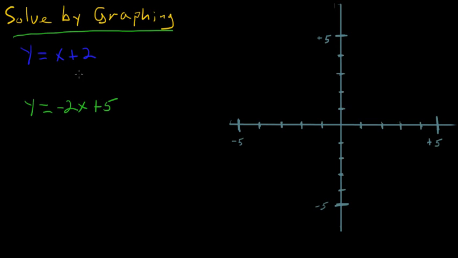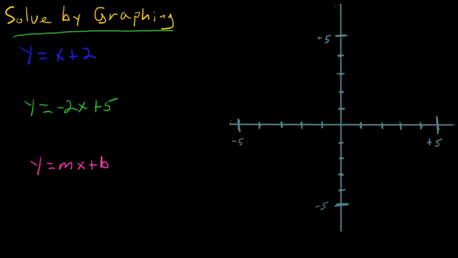So let's do the first one, y equals x plus 2. To graph that, let's backtrack just a little bit. The general form of this y-intercept form is y equals mx plus b.